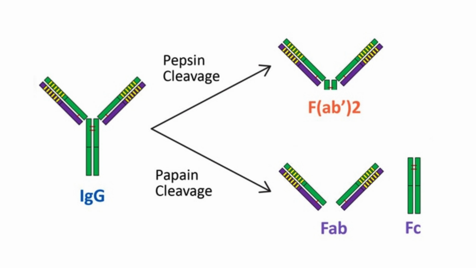When IgG is cleaved by pepsin, it generates one Fab2 fragment still connected to the hinge region. So the Fab2 retains the ability to bind two antigen molecules, mimicking the intact antibody's bivalent binding capacity.